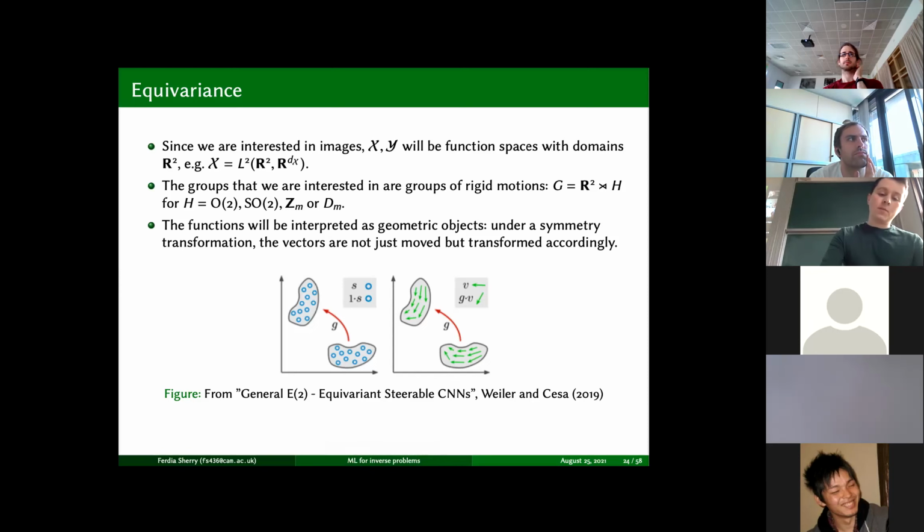If we apply a symmetry operation, we don't just want to make this change in the domain. We really have to apply the relevant part of the symmetry operation to the vectors as well.